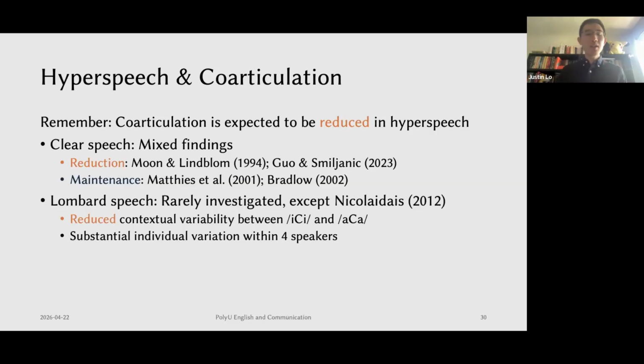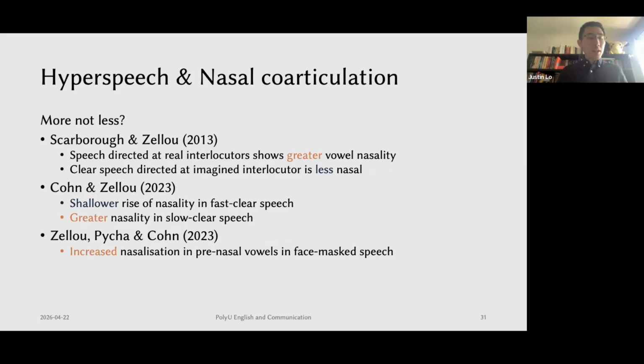Lombard speech in particular isn't specifically investigated a lot, but in that case we have found some reduction. There are a couple of studies that have specifically looked at the relationship between clear speech and nasal coarticulation, so not other types of coarticulatory phenomena, but just the nasal coarticulation that we're looking at today.